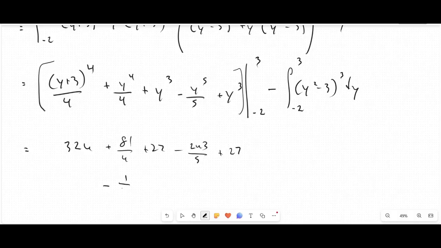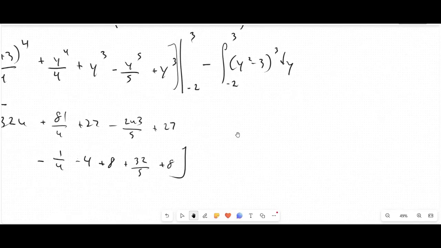This is just 1/4. 2, 4, 8, 16 divided by 4 is 4. -8. 2, 4, 8, 16, 32 plus 32 over 5. I'm going to actually stop right here. Minus, so plus 8. Okay, this all is that there. I'm going to let you guys just work that out because it's not really worth lesson time.